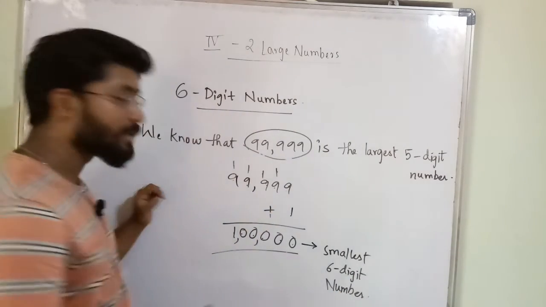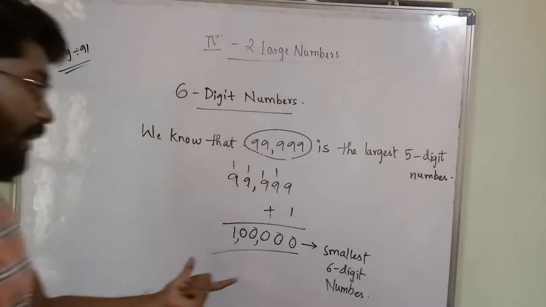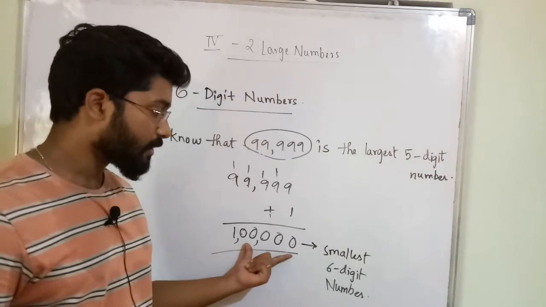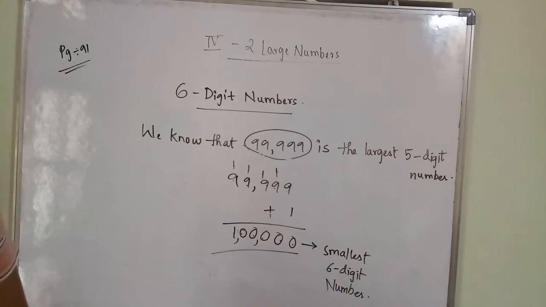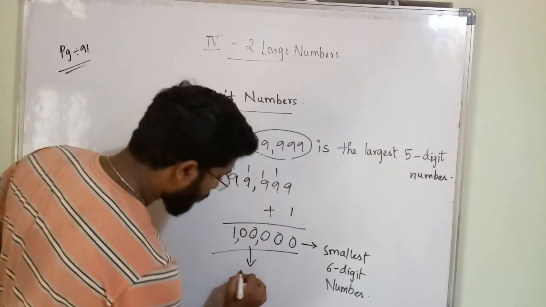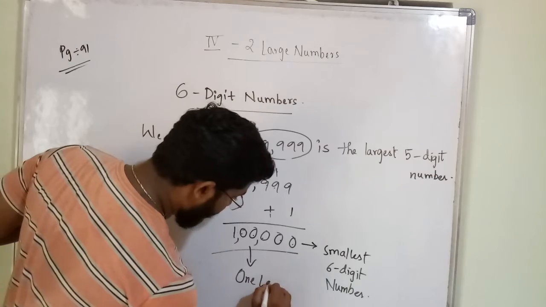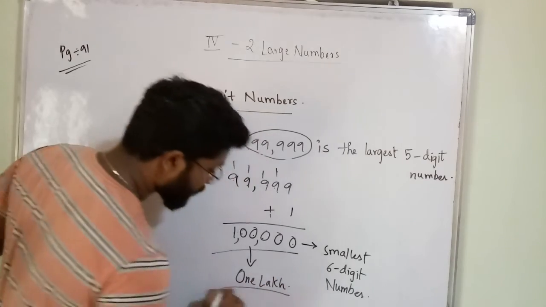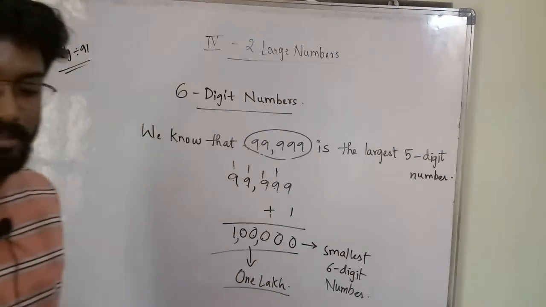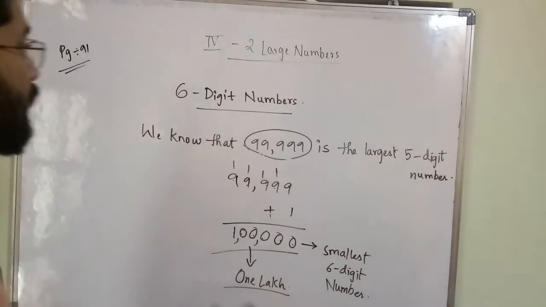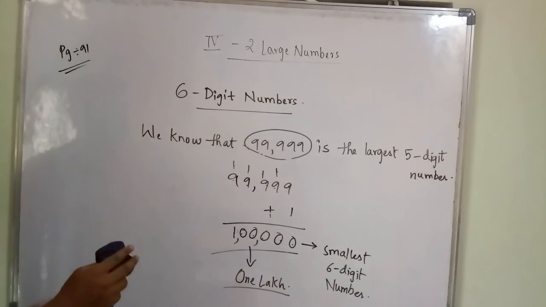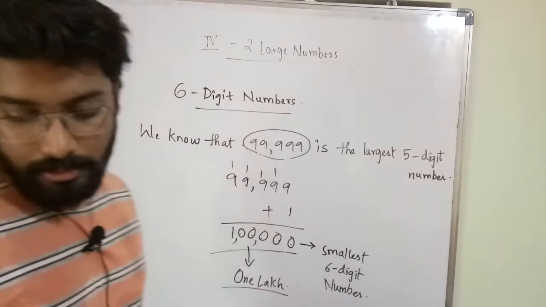We will call this number 1 lakh. This number is called 1 lakh in the Indian system. It is called 100,000 in the international system. Okay, clear? So this is about 6-digit numbers.